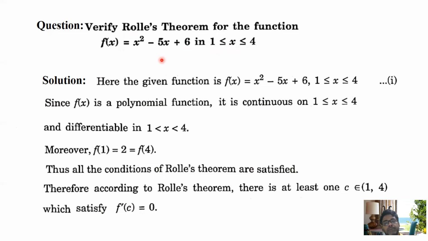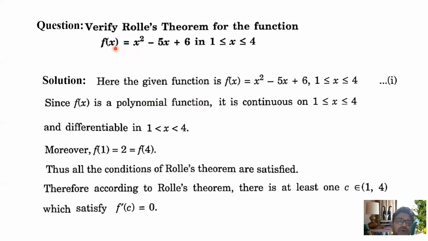Okay, clear? So it is clear that the given function f(x) is x square minus 5x plus 6, 1 less or equal to x, this is the defined part. This is question number 1. Since f(x) is a polynomial function, it is continuous on the closed interval 1 less or equal to x less or equal to 4, because it is a polynomial, so that means it is continuous.